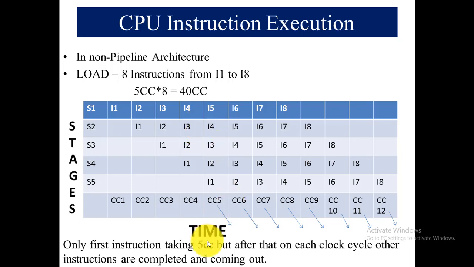So instruction 2 completed in the 6th clock cycle, instruction 3 completed in the 7th clock cycle, instruction 4 completed in the 8th clock cycle, instruction 5 completed in the 9th clock cycle, instruction 6 completed in the 10th clock cycle, and in the same way all 8 instructions are executed in 12 clock cycles.